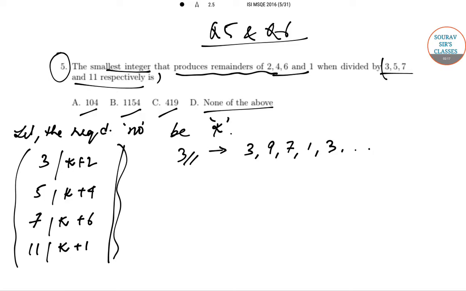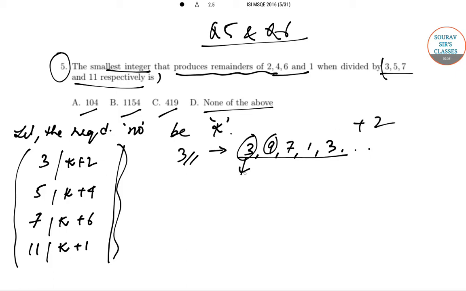So if the remainder produced when the number is divided by 3 is 2, then the unit digit in each of the cases will be this unit digit plus 2.